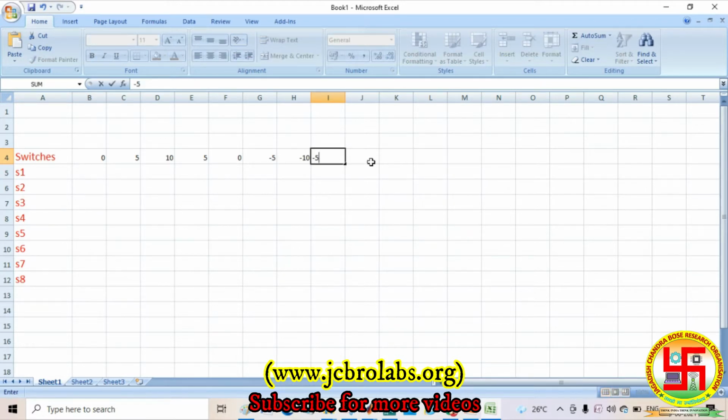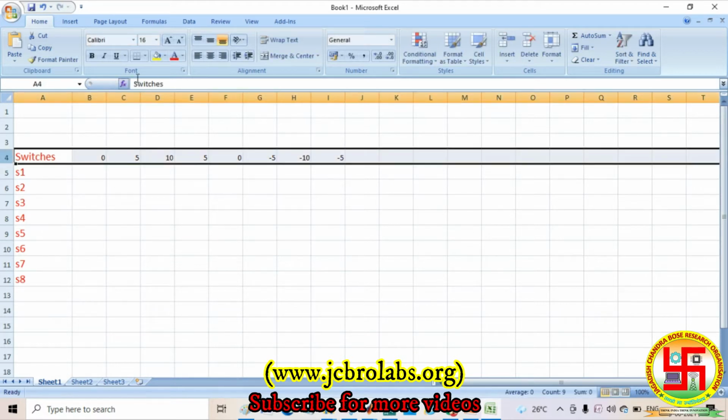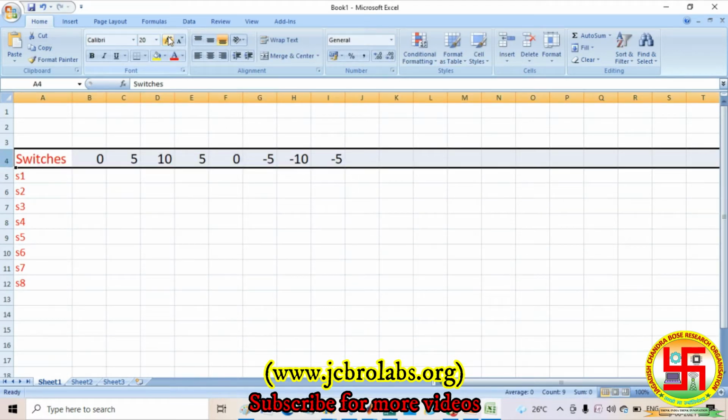There is no need to take that 0 again here. So for the truth table, these are the levels: 0, 5, 10, 5, 0, again minus 5, minus 10, minus 5. From here to here you can mention 0, 5, 10, 5, 0. So totally 5 levels which we need to achieve here.